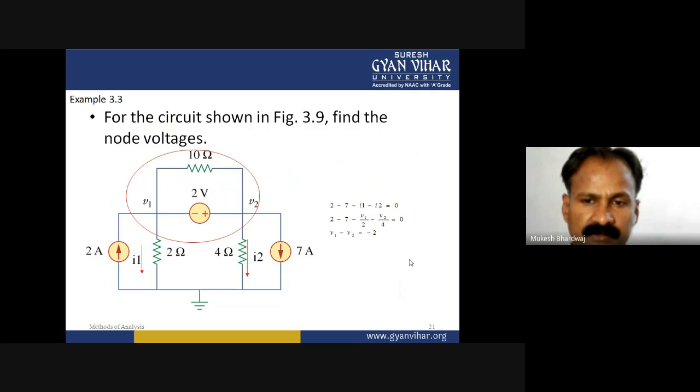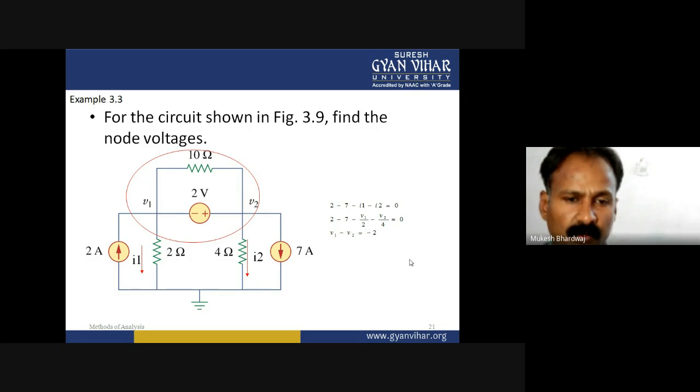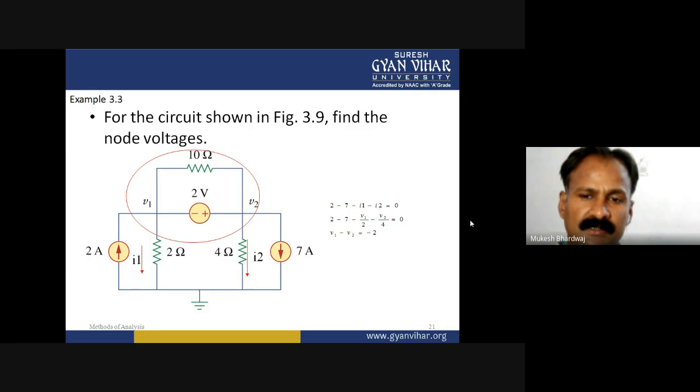So V1 and V2 are considered to be a single node known as a super node. What is the value of I1? I1 is given as V1 minus 0 upon 2. And I2 is given as V2 minus 0 by 4. So the equation comes out to be V1 minus V2 equals minus 2.